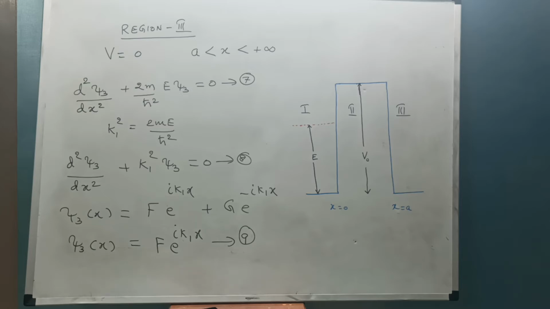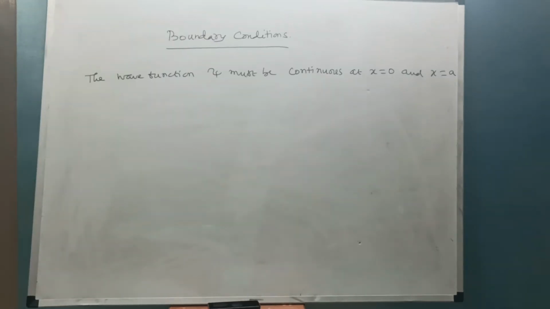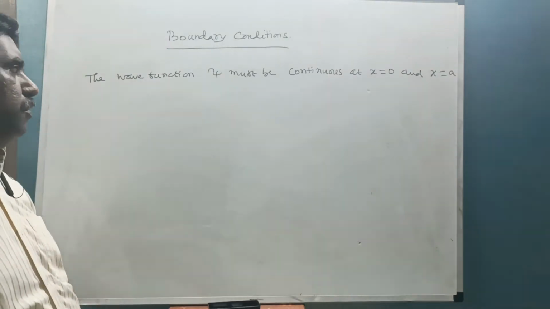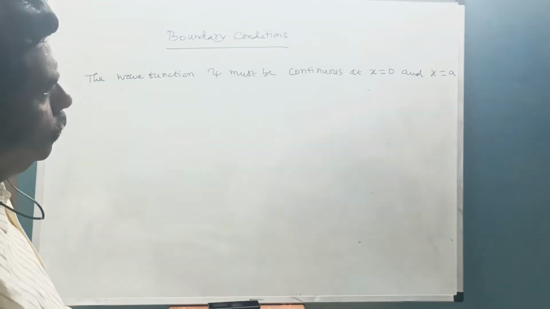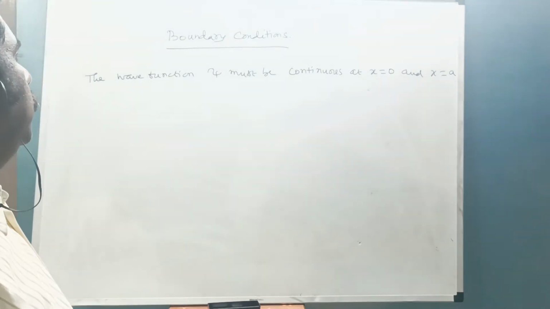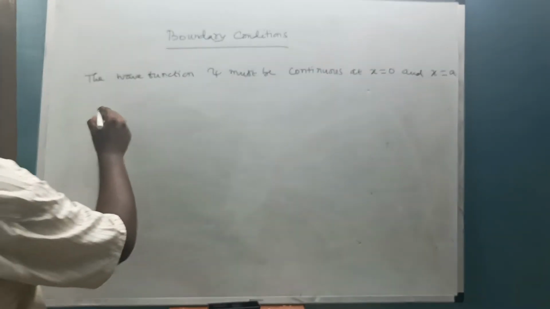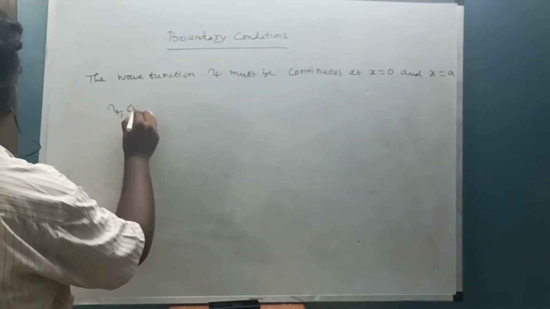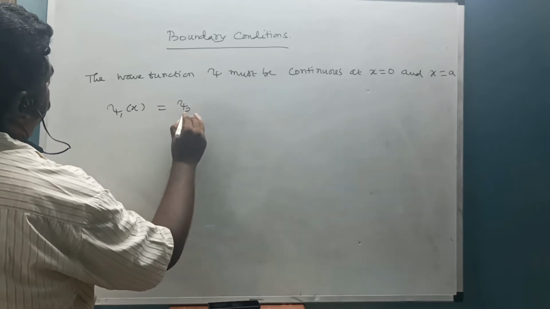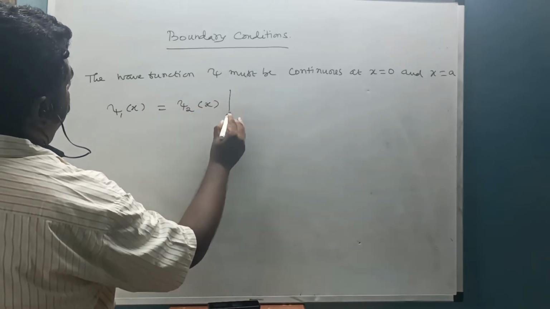Now we have to solve for the values of the constants a, b, c, d and f by applying the boundary conditions. The first boundary condition is that the wave function psi must be continuous at x equal to 0 and x equal to a. Then psi 1 of x equal to psi 2 of x at x equal to 0.